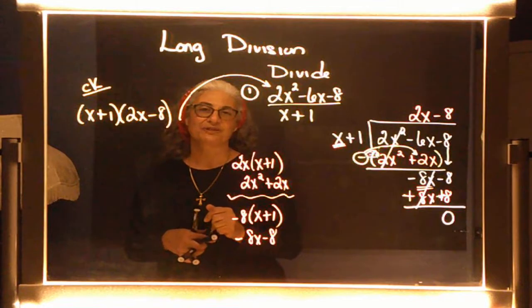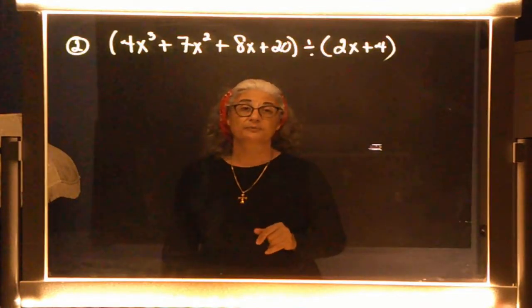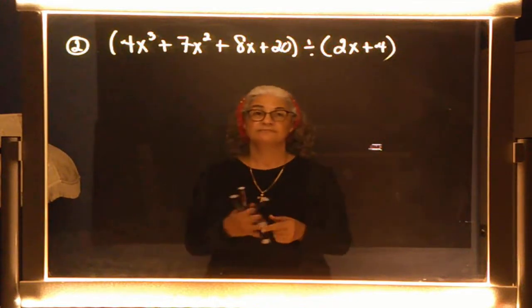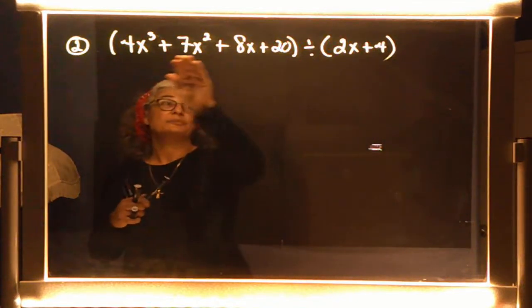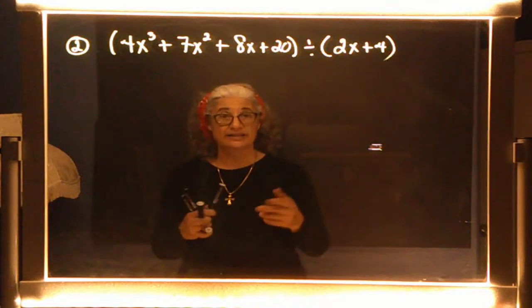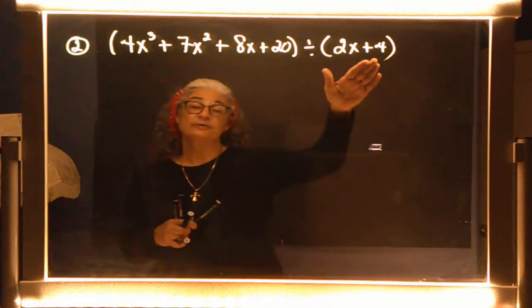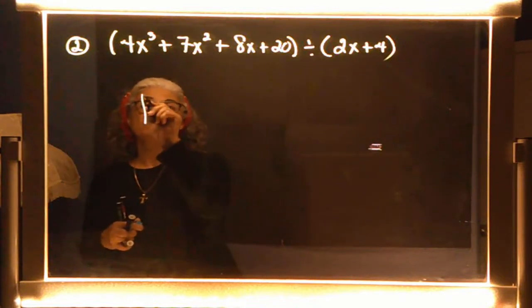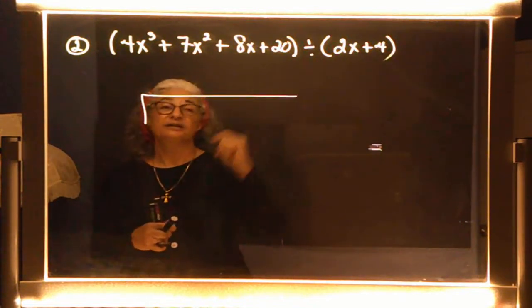Got another example for us. Okay, so let's look at this second problem. They're asking us to divide, right? So, let's make certain that this polynomial is in descending order. Is it? Excellent. Is this one in descending order? Good. So now, which one goes underneath? The first one or the second one?